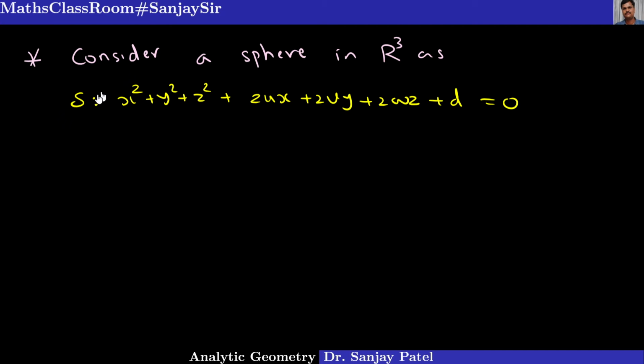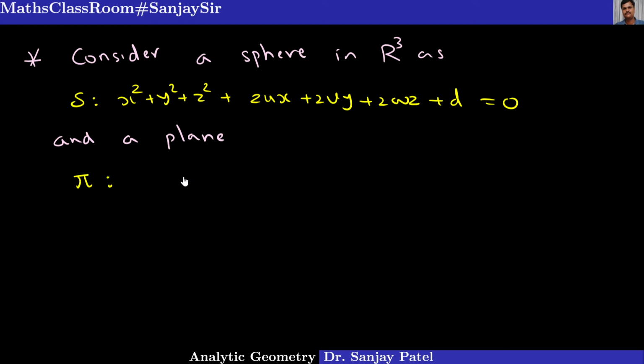So I'm taking a sphere and I'm taking a plane in R3, and this plane will always be denoted by the symbol pi.